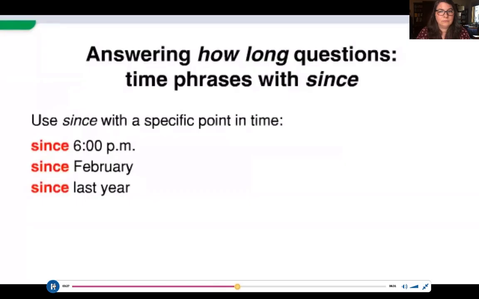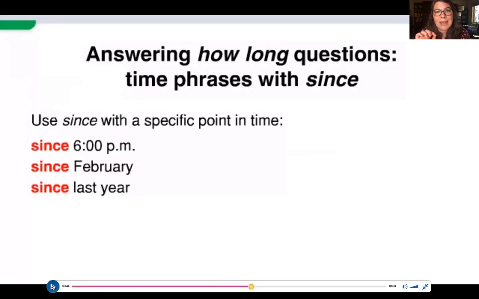Answering how long questions. Time phrases with since. Use since with a specific point in time. Since 6 p.m. Since February. Since last year. Okay, so since is a point in time that you can pinpoint and say 6 o'clock, February, last year, 2020.